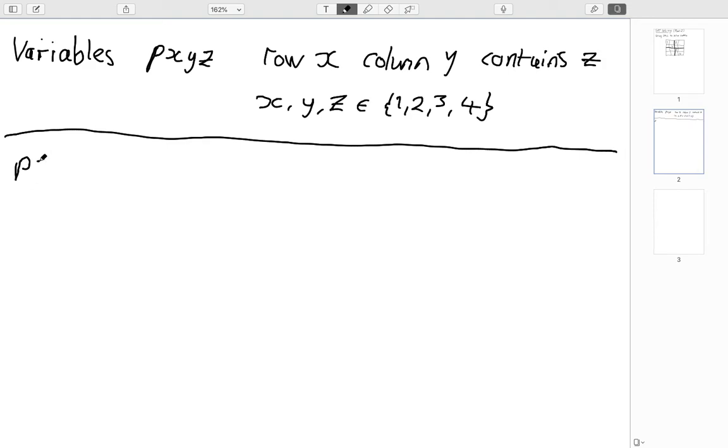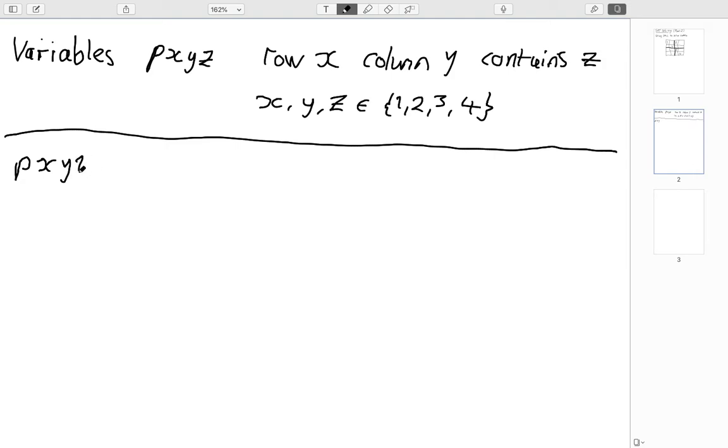So each cell in the puzzle is p x y for some x y. And we want to say cell x y, the cell in row x, column y, contains the number 1, or it contains the number 2, or it contains the number 3, or it contains the number 4.